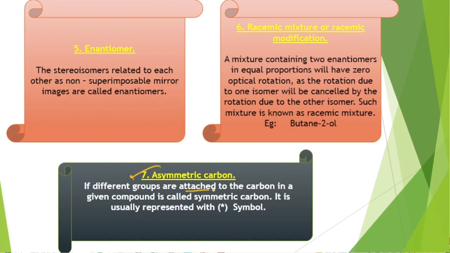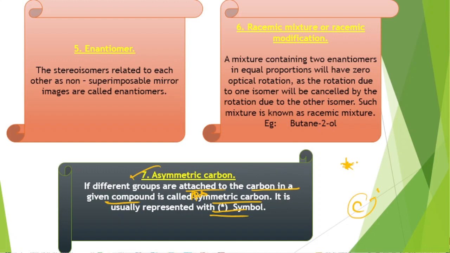When different groups are attached to the carbon in a given compound, it is called an asymmetric carbon. It is usually represented with a star symbol. This carbon has different groups attached to it, so it is called an asymmetric carbon.